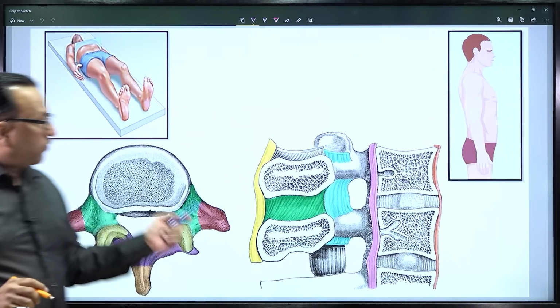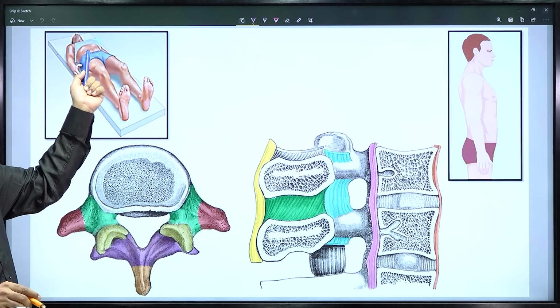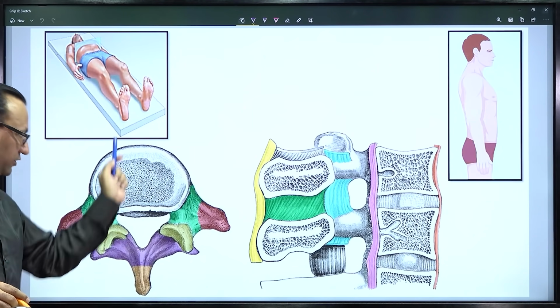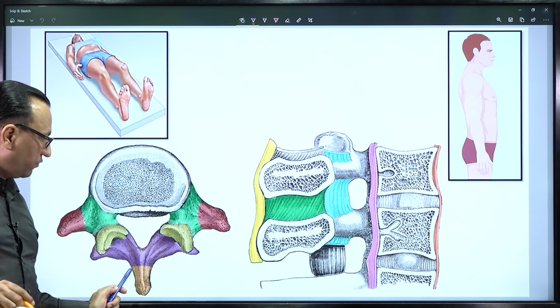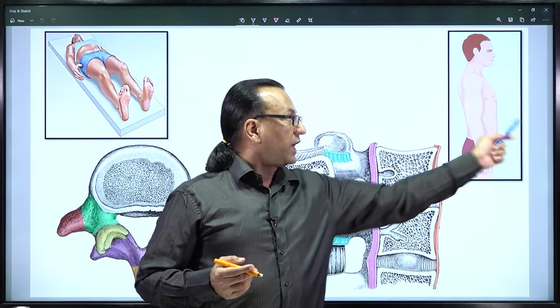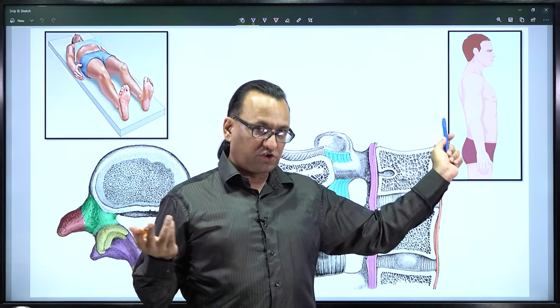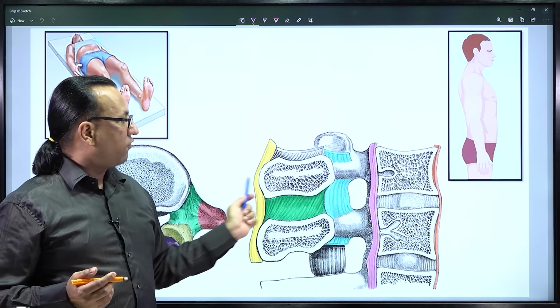Now, the previous view was looking at the lumbar vertebra from posterior to anterior, but this time we are again looking from posterior to anterior in a side profile, a lateral view. So what will be the posterior most structure? That will be the spine of the vertebra.